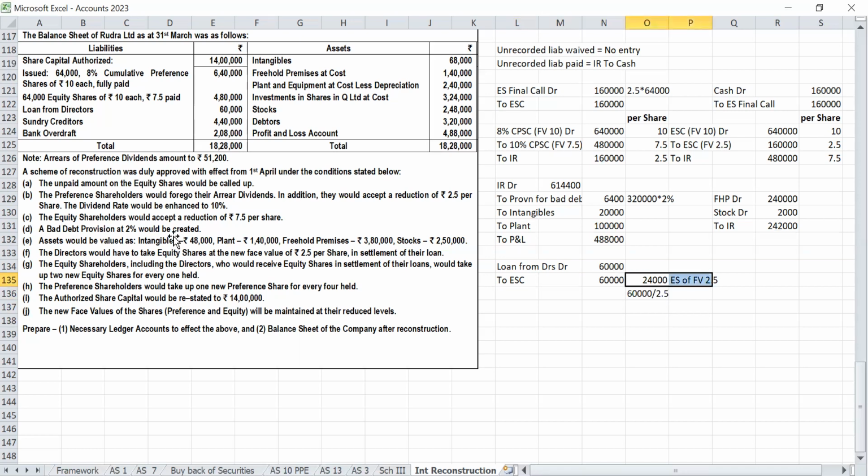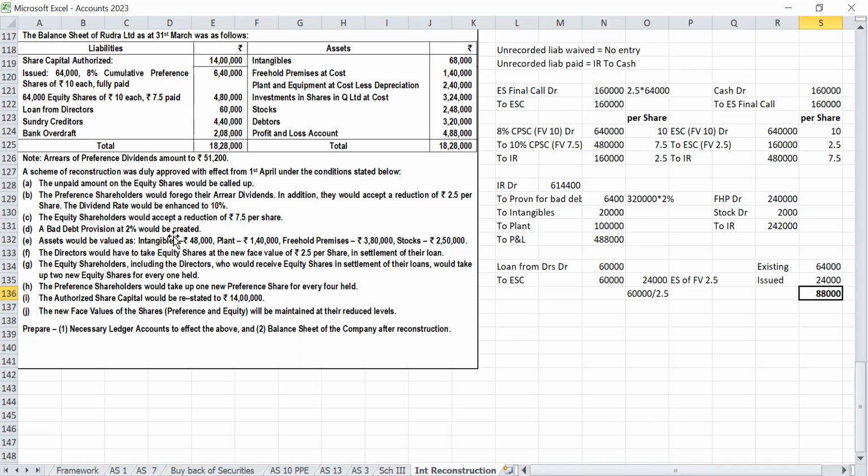So 24,000 equity shares of 2.5 I am issuing to directors. Understood? Already equity shares how many? 64,000 equity shares. Now issued to directors 24,000. So now total 88,000.